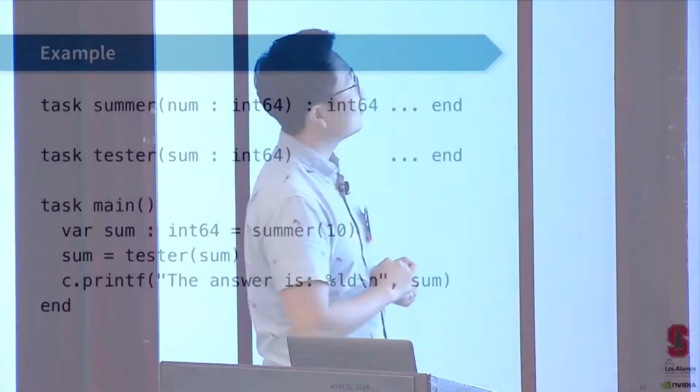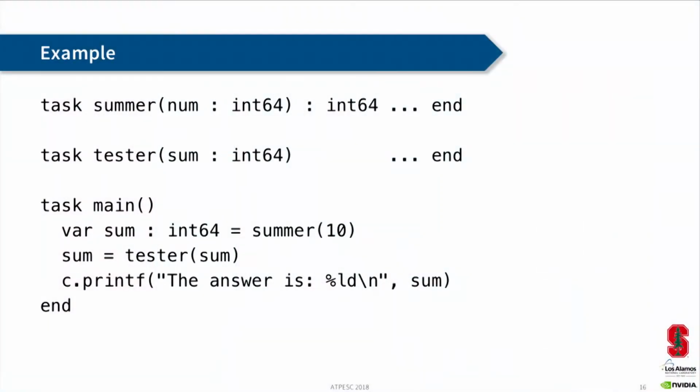Here's a simple example. In this program, we have 3 tasks: summer, tester, and main. And you see that main launches summer and tester and prints out the value. The important property of main is that main doesn't actually look at the result of its child tasks until it hits the printf, right?